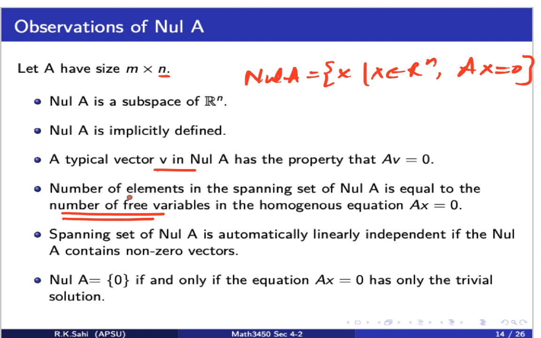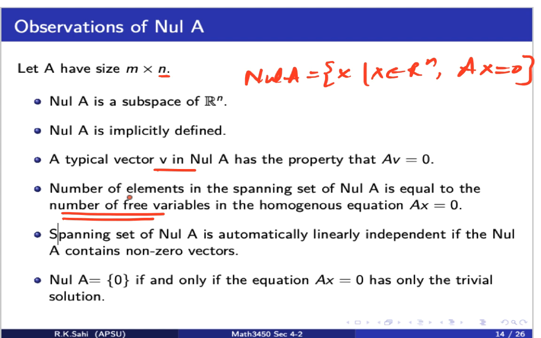When you're looking at the homogeneous equation, you apply the row reduction algorithm and you write it in echelon form. What you'll see is the number of free variables automatically tells us how many elements are going to be there in the spanning set. And then further, a spanning set of the null space is automatically linearly independent.